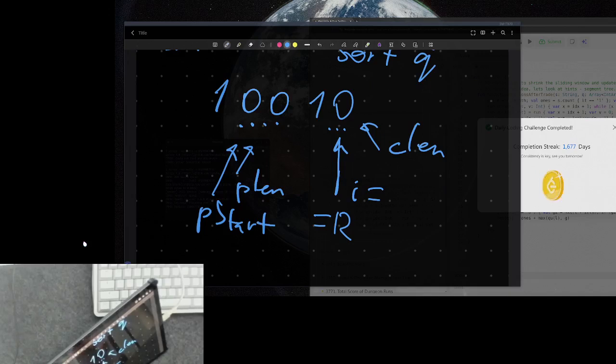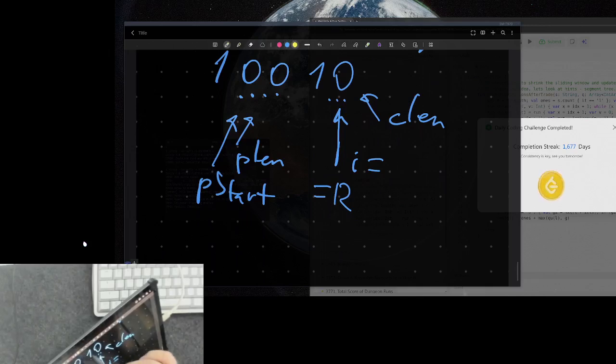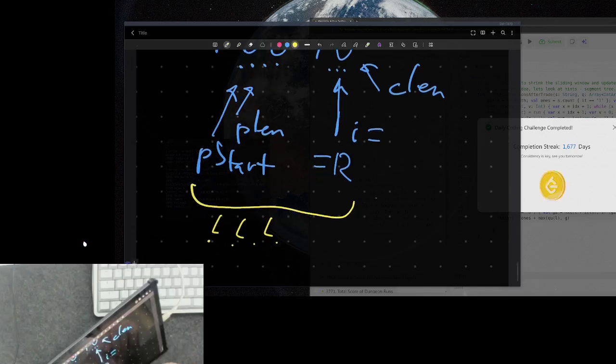And we want to store some information about this configuration to make sure we can query this entire prefix for every L position that we can have in the queries. And we can use a binary indexed tree and store the information like this.